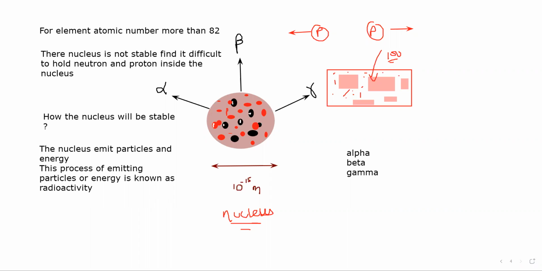And the process of radioactivity is proton. This is not the shell, this is a nucleus. So it will go out from the nucleus, as well as go out from the atom. Because if I draw the full atom, this is a full atom. An atom consists of a nucleus.